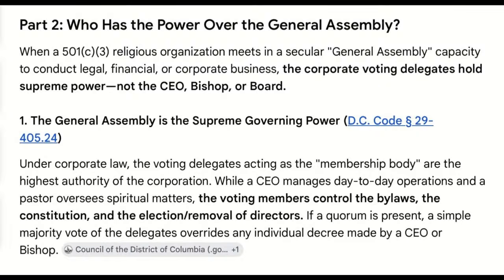While the CEO manages day-to-day operations, remember we talked about this, and the pastors oversee spiritual matters, right? That's why we have not had a CEO that's had responsibilities, because he's not overseeing day-to-day operations. We don't have any day-to-day operations.